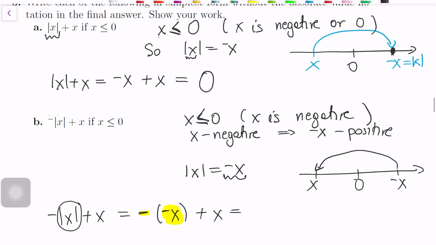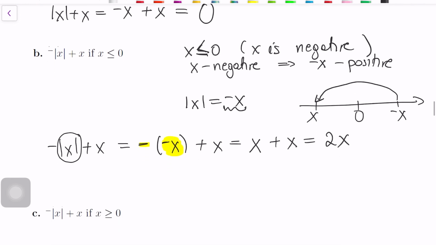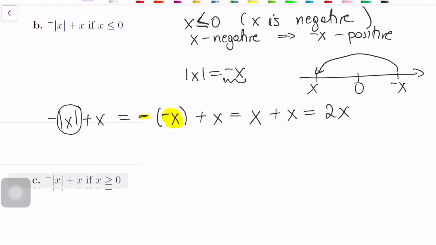So the two minuses cancel out because you're reflecting across 0 twice. You add again x to it, then 2x is the answer, x plus x. You would have x negative charges because x is negative, and another x negative charges, so twice x, which is negative, would be your answer.